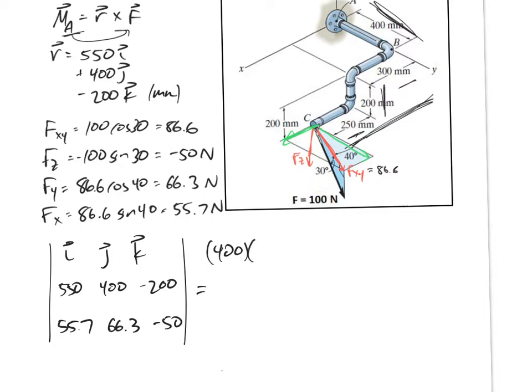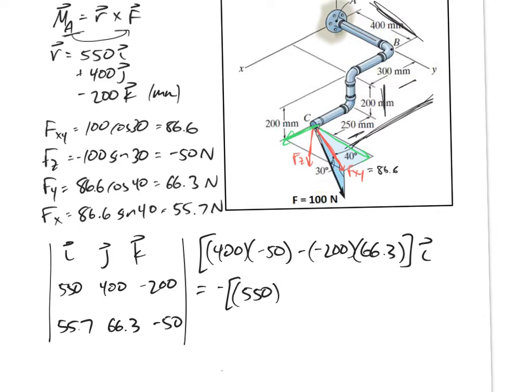400 times negative 50 minus negative 200 times 66.3, and that is my I component. Then negative the J component. The J component would be 550 times negative 50 minus negative 200 times 55.7.